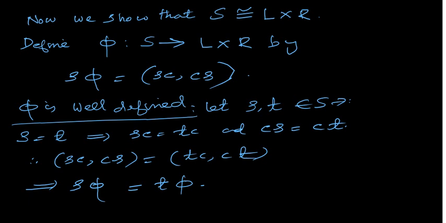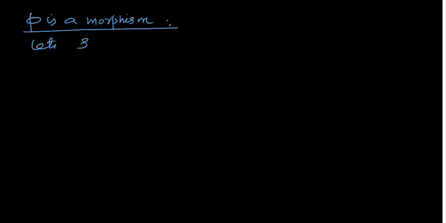So if the elements are equal, then their images are also equal. Next, phi is a morphism.